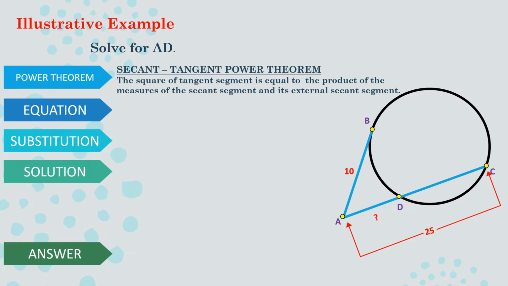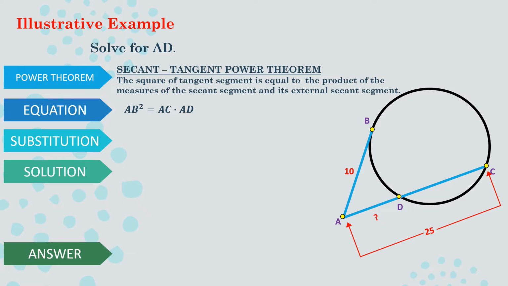So since our tangent segment is AB, we will have AB squared is equal to the product of secant segment AC times external secant segment AD. So our equation will become AB squared, the tangent segment, is equal to AC, the secant segment, times AD, the external secant segment. Then after this, we're going to have substitution.